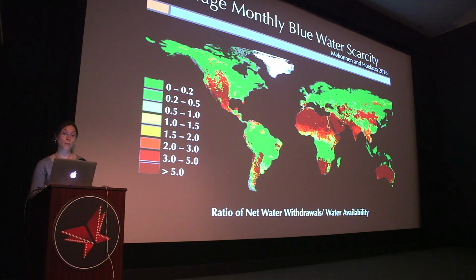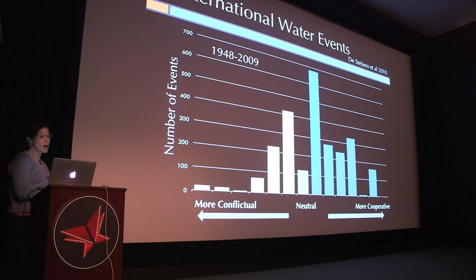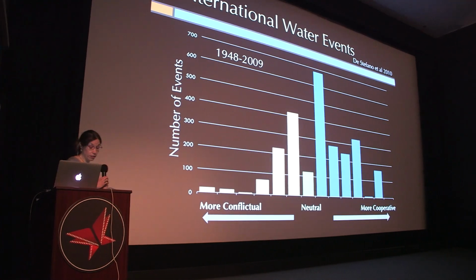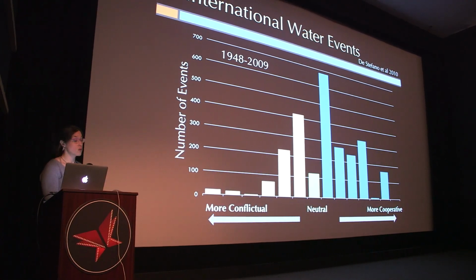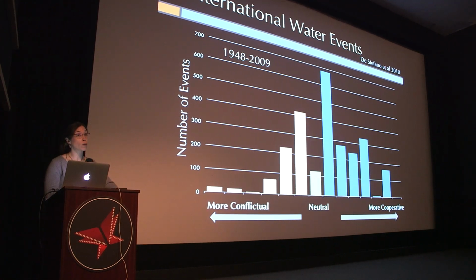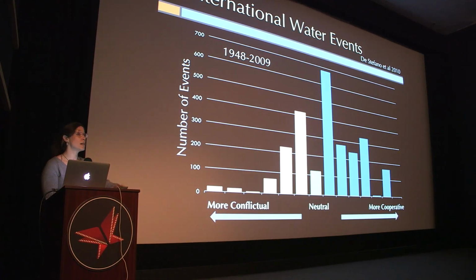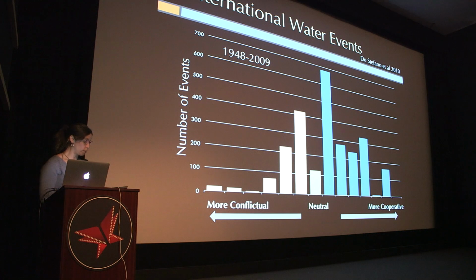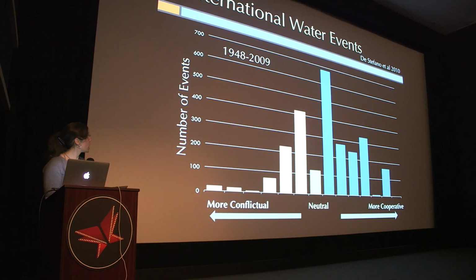So 3 scholars, DeStefano, De Silva, and DeWolf, actually examined this in the international context, and they collected information of all water-related events that took place between countries who share a river basin between 1948 and 2009. So they discovered or counted up to 1,800 instances of these reported events that are related to water quality or water quantity.